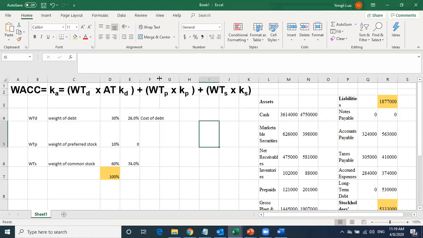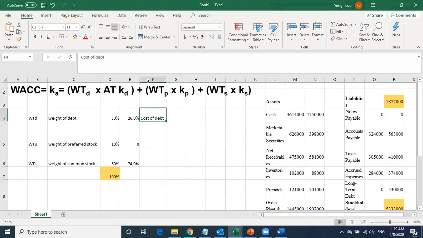The cost of debt is calculated using the after-tax cost of debt. Do not use the before-tax cost of debt. If the cost is 10%, for example, and the tax rate is 40%, then the after-tax cost of debt is the 10% before-tax cost of debt times 1 minus 40%.